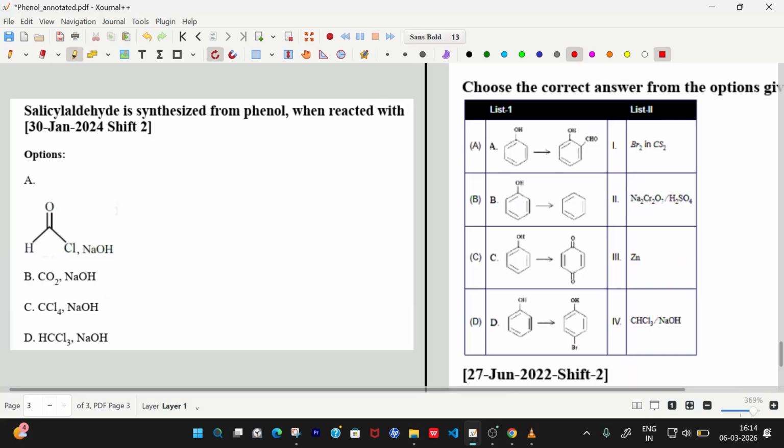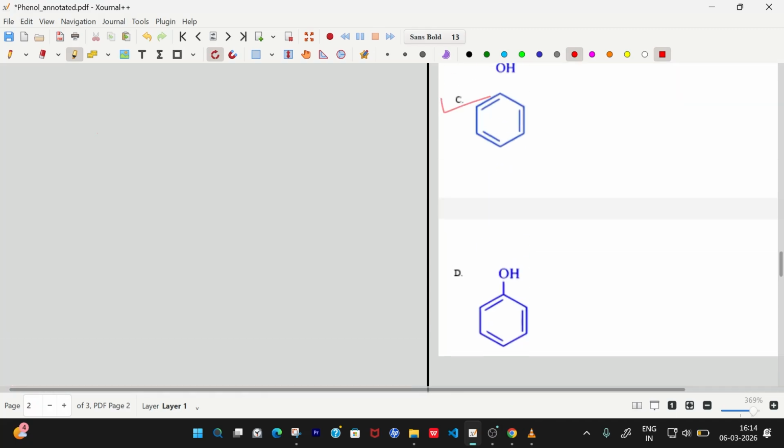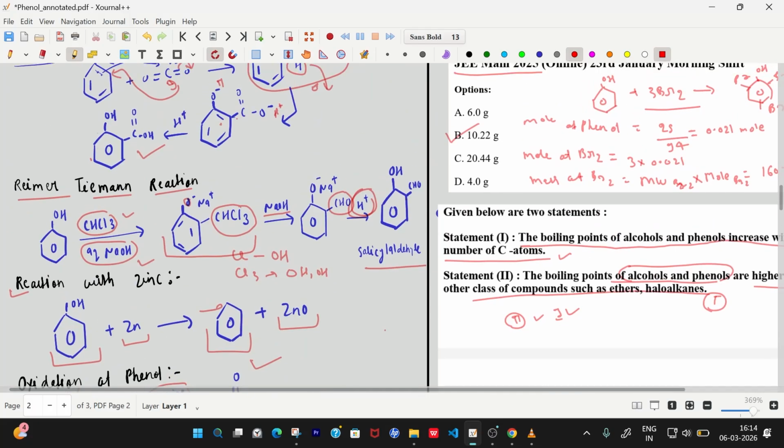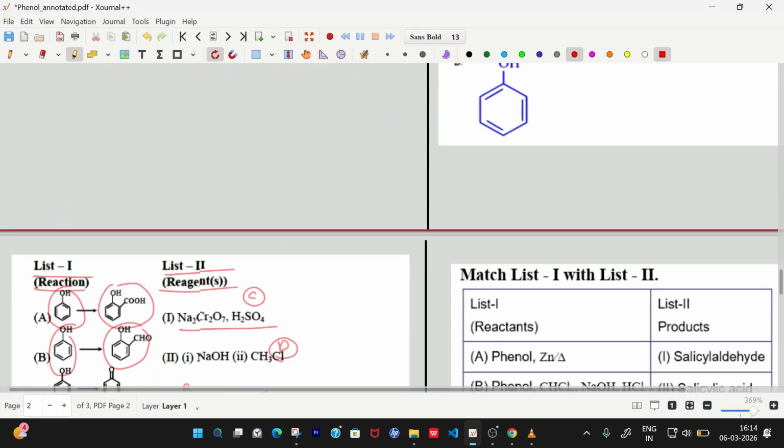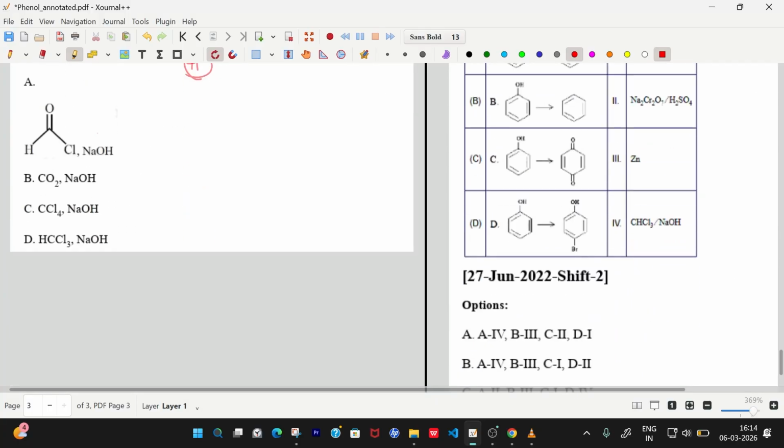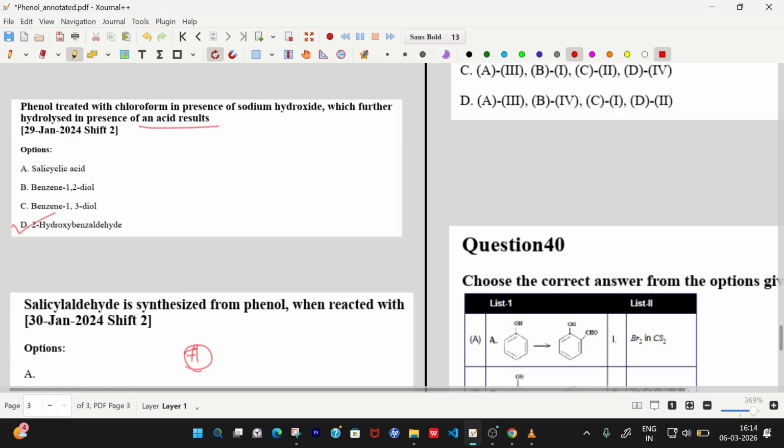Salicylaldehyde synthesis from phenol is the same question, and here we are taking CHCl3 as reagent, and CHCl3, H plus and NaOH will be your answer.